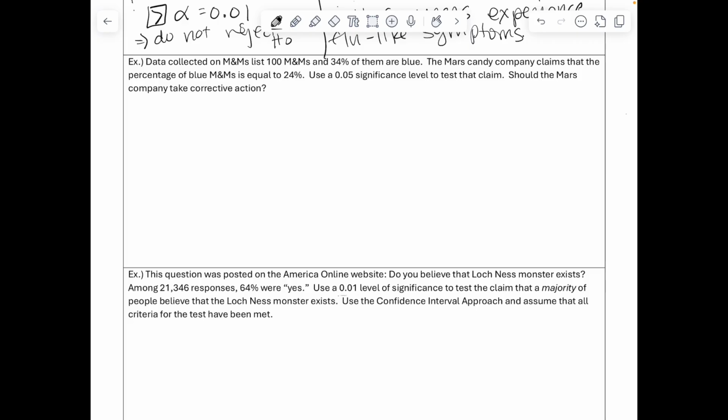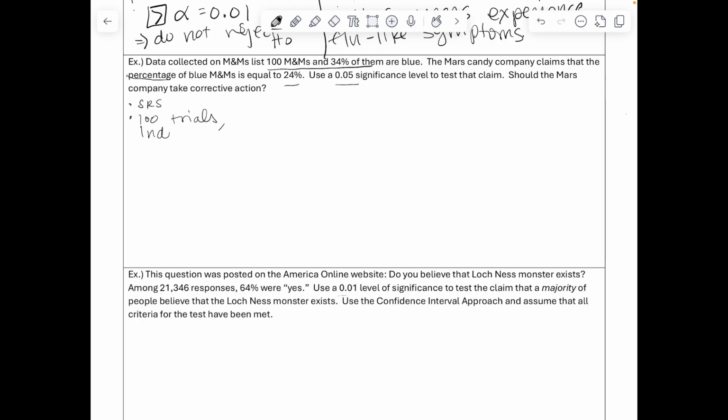So the first thing is that we have a sample of 100 M&Ms and 34% of them are blue. And then we also are testing at a 0.05 level of significance to see if the percentage of blue M&Ms is equal to 24%. So checking our requirements, the first thing is that this is a simple random sample since we're just dealing with M&Ms. We have 100 trials.